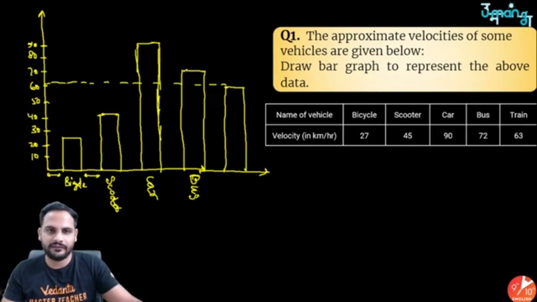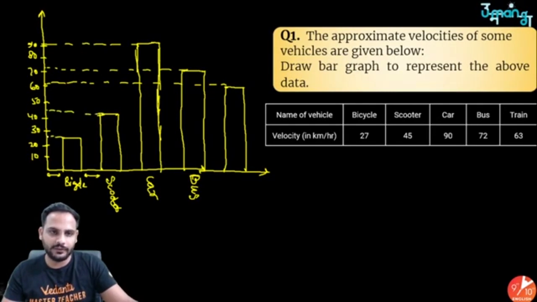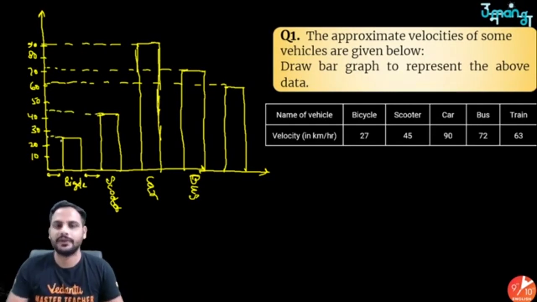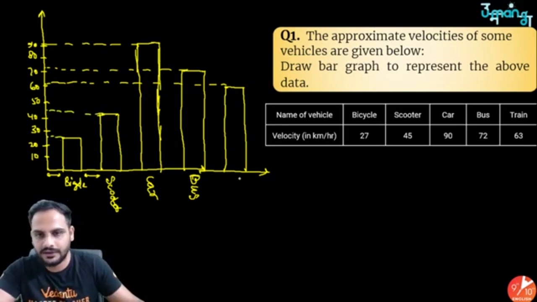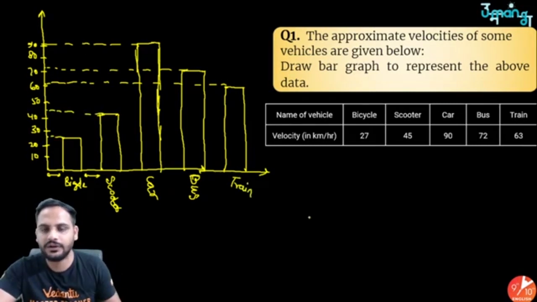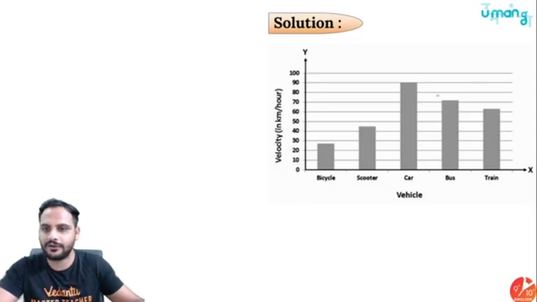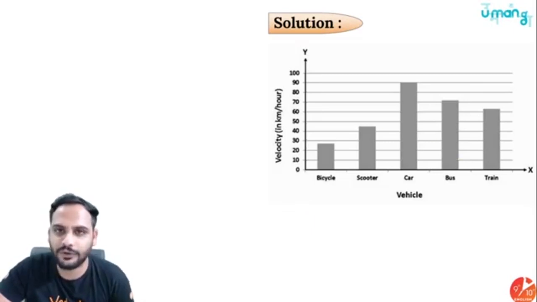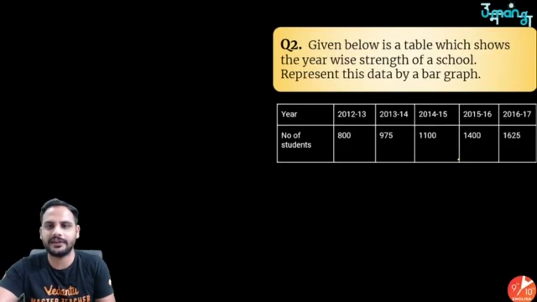Then 72 should be just above 70. This is 90 over here. This is 45, between 40 and 50, and this is 27 over here. So this is how you will represent this bar graph. This is how you can clearly see the bar graph is going to look. Very easy part.